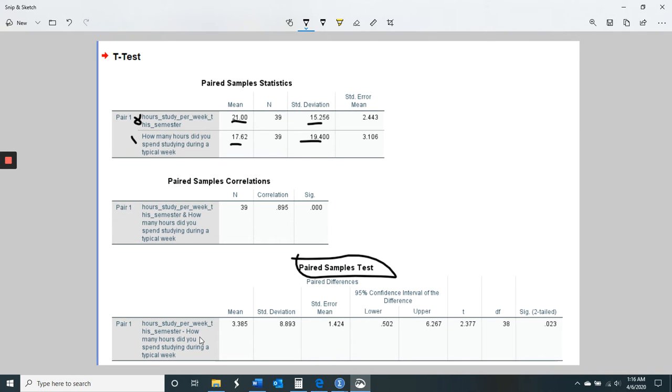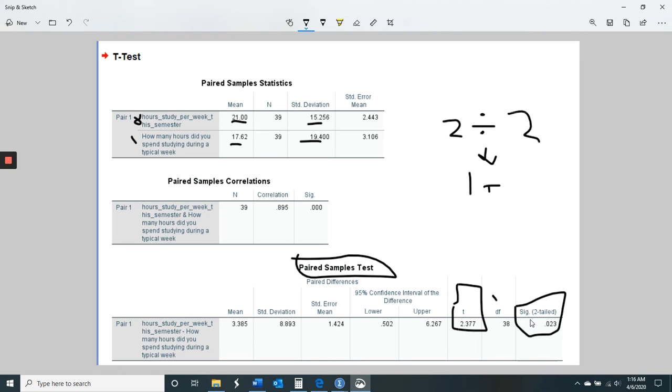So the t-test stuff, it's pretty easy. Here's our t. So here we have a t of 2.38, rounding up. We have our degrees of freedom here. And here's our significance test. So remember, this is two-tailed again. So we take the two-tail, we have to divide it by 2 to get the one-tail.